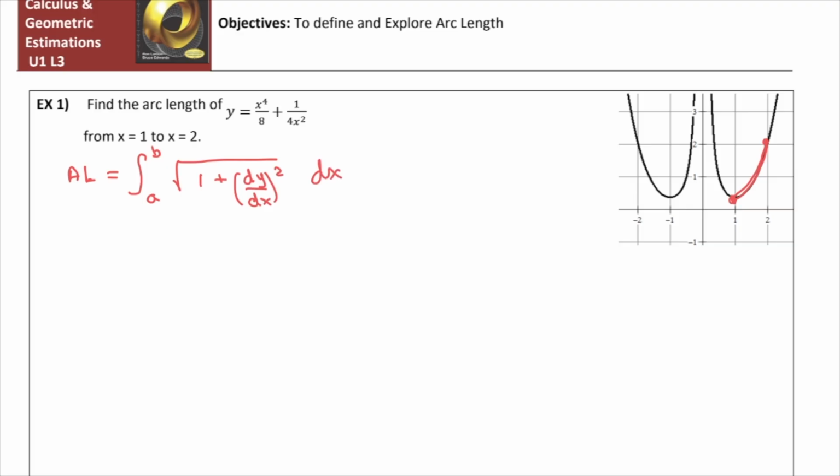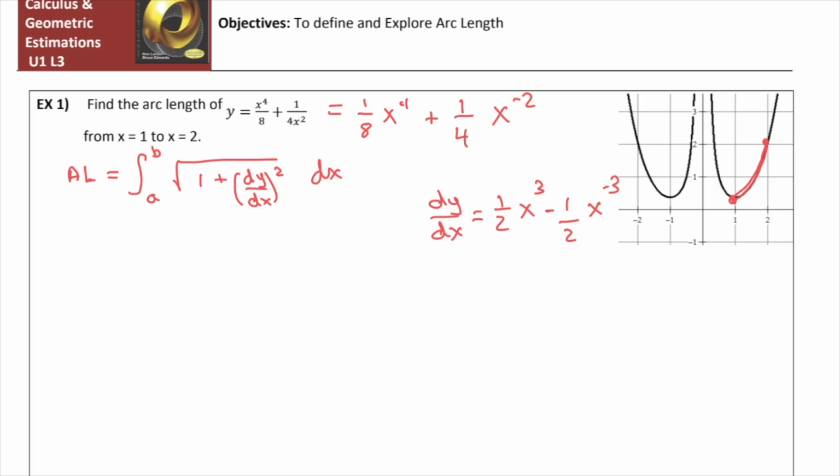We know that y can be rewritten as 1/8 x to the 4th plus 1/4 x to the negative 2. From here, we figure out our dy/dx. dy/dx is going to be equal to 1/2 x cubed minus 1/2 x to the negative 3.